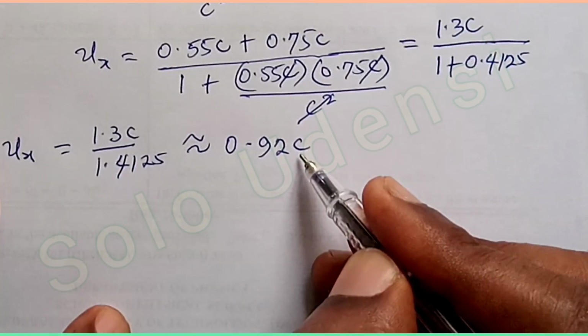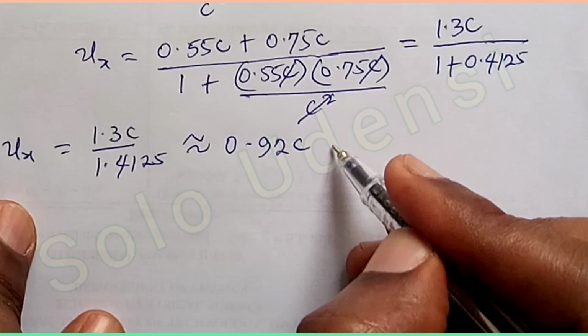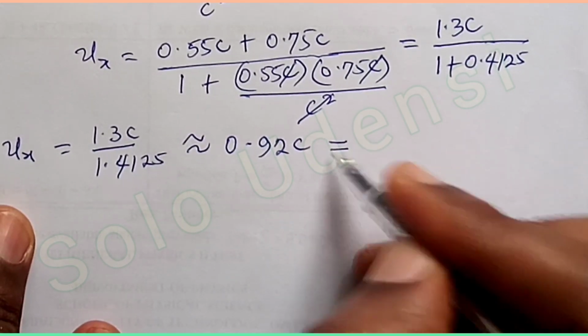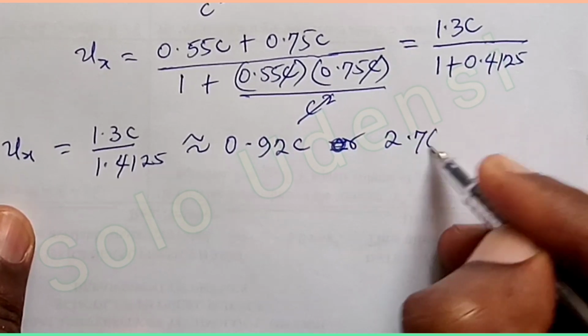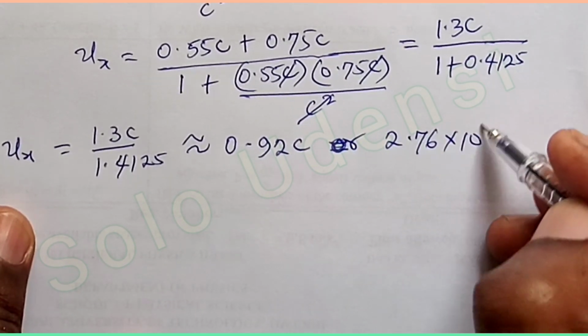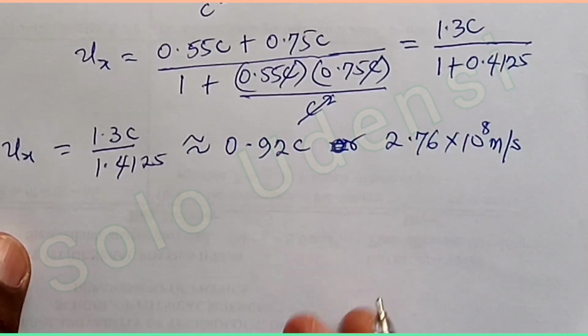And you know that c is the speed of light, 3 times 10 raised to power 8. If you do that, it gives you approximately 2.76 times 10 raised to power 8 meters per second. So that is the answer.